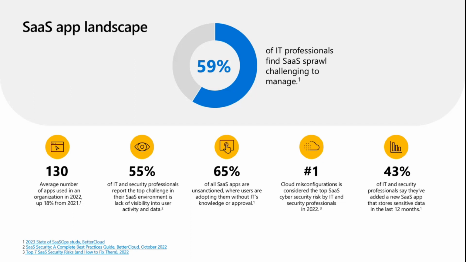We also see that cloud misconfiguration is one of the top risks when it comes to SaaS applications. So it makes it essential to change the way organizations think about app protection, and we really need to take a step back and create a holistic strategy that can provide us with complete protection for the apps that are used in the environment.